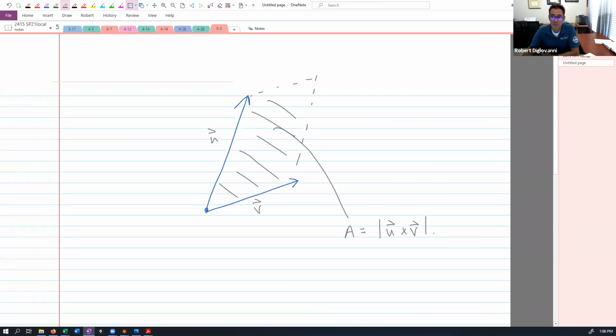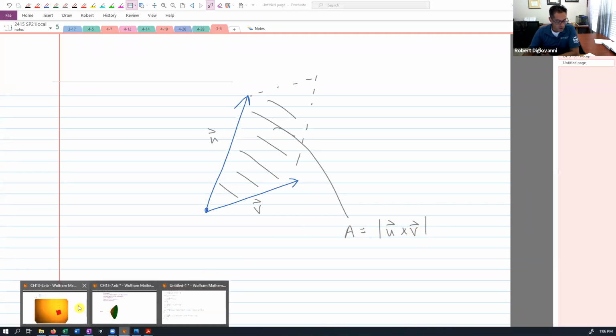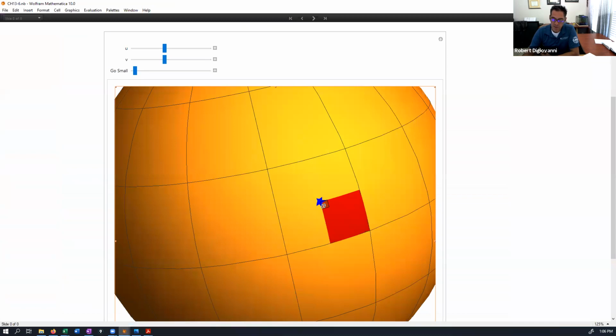That's all it is. And we use this to actually find the area of a triangle, but this was the formula. Now, with that in mind, what we want to do is imagine taking that little infinitesimal patch, right? Finding the area of that little thing.